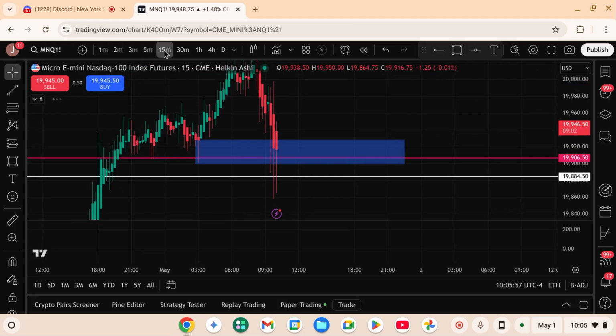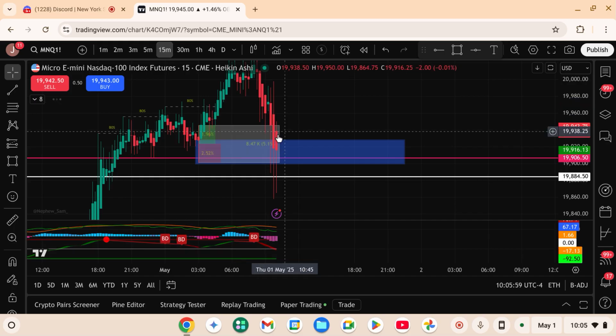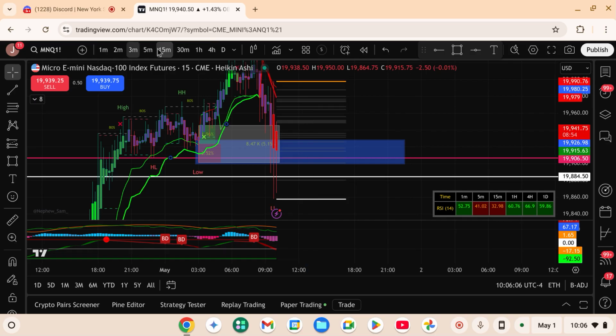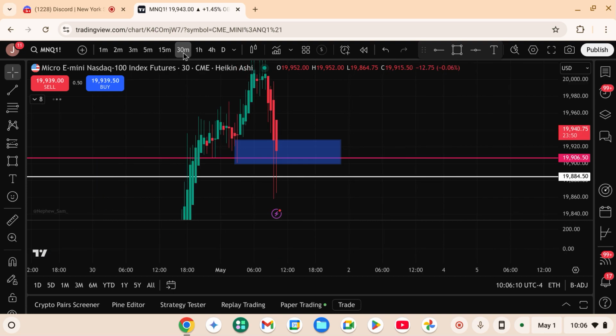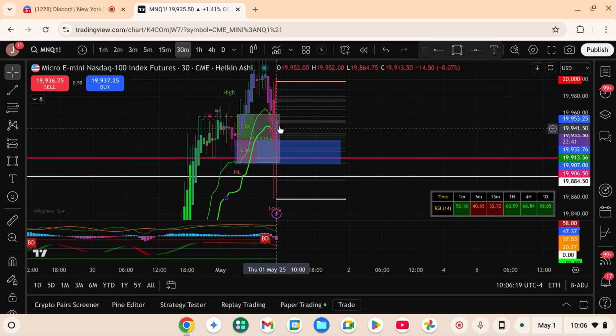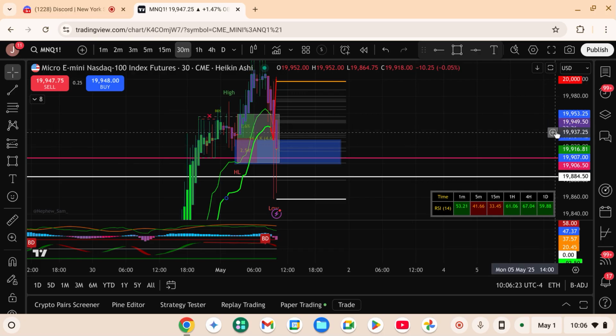So I would like to see that on either the 15 or the 5. Because right here, the half hour, it's already showing that it wants to go bearish. So we just need the confirmation from a smaller time frame.